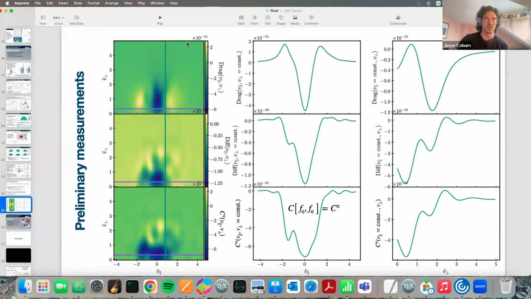So here is the result of the drag term and the diffusion term. The collision operator could be in the Rosenbluth form. It could be separated into these two. Not so important, but what is important is the total collisional operator. And so this is again a preliminary measurement of it. I've done these line plots with the slices again, and what you can see is that when you pass through zero, you have a larger effect of the collisional operator.